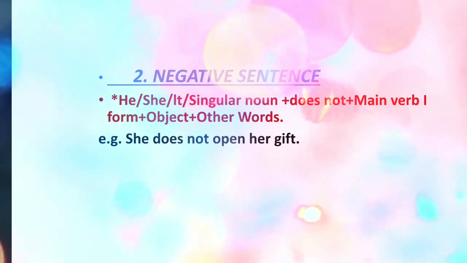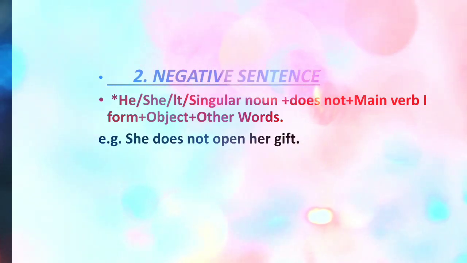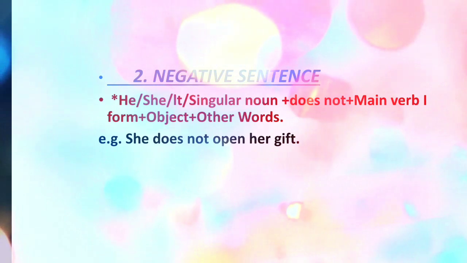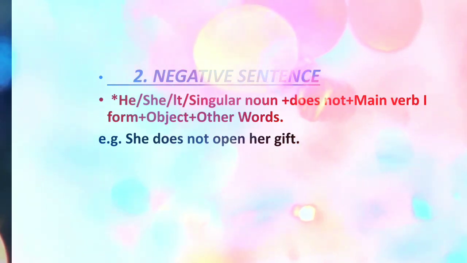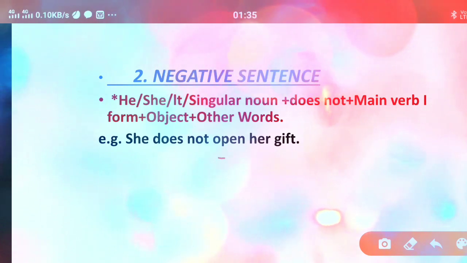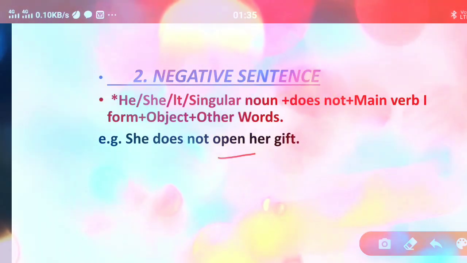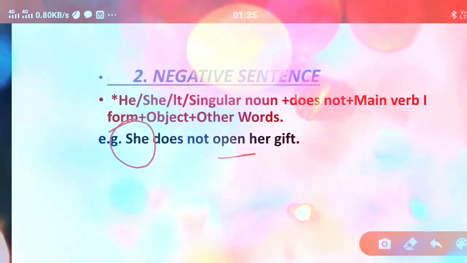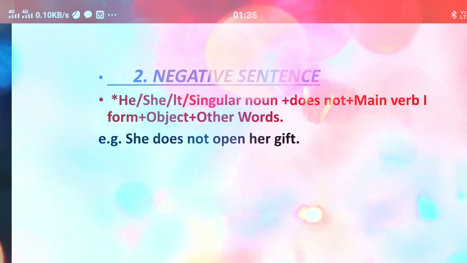She does not open her gift. Here you can see she, he, it, or a singular noun is supported with does not. But along with does not there is only the first form of the verb, open. Whether it is she or anything else, we have to use only the first form of the main verb with does.